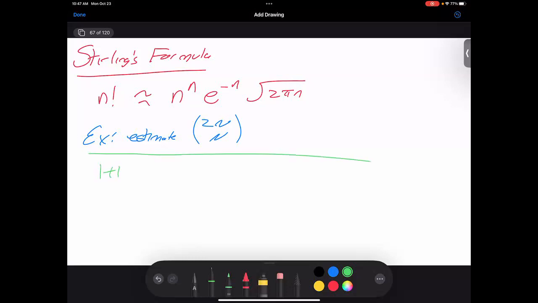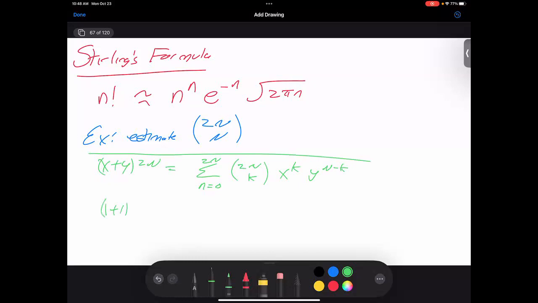If I give you (x plus y) to the 2n, this is the sum, k goes from 0 to 2n, of 2n choose k, x to the k, y to the 2n minus k.